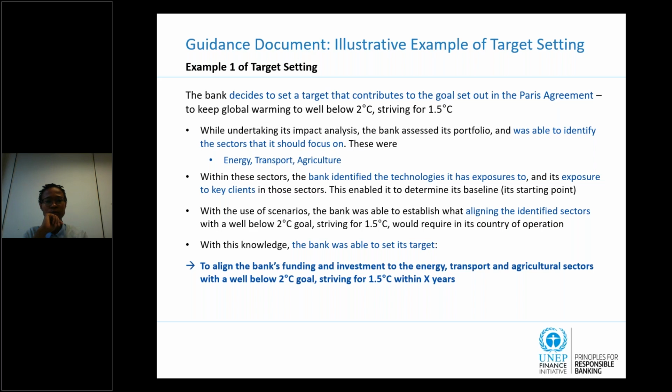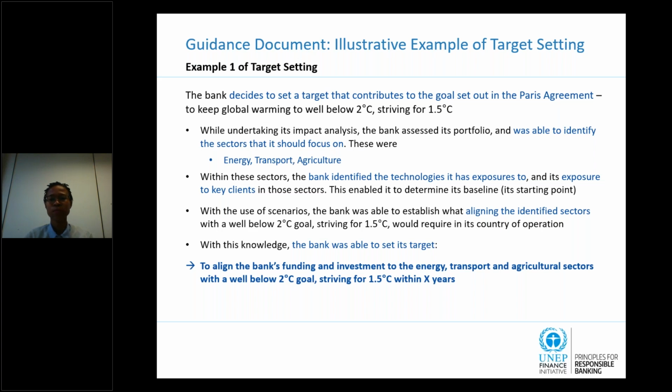Once a bank, as we described before, has gone through its impact analysis, and that is something the bank should be doing in the first year, the bank has assessed its portfolio and is now able to identify the sectors that it should focus on. In this example, the sectors are 3: energy, transport, and agriculture.